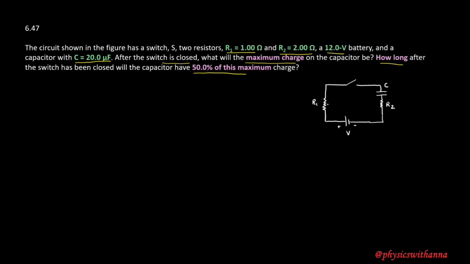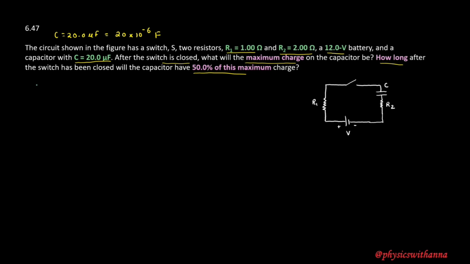So here in this circuit, you have two resistors R1 and R2 with values 1 ohm and 2 ohm respectively, connected to a 12-volt battery in series with a capacitor C of 20 microfarad. So you can write this 20 microfarad as 20 times 10 to the power negative 6 farad. In the first part of the question, we need to find the maximum charge on the capacitor.